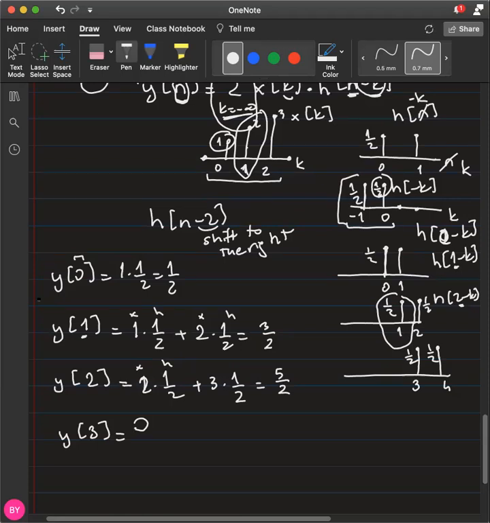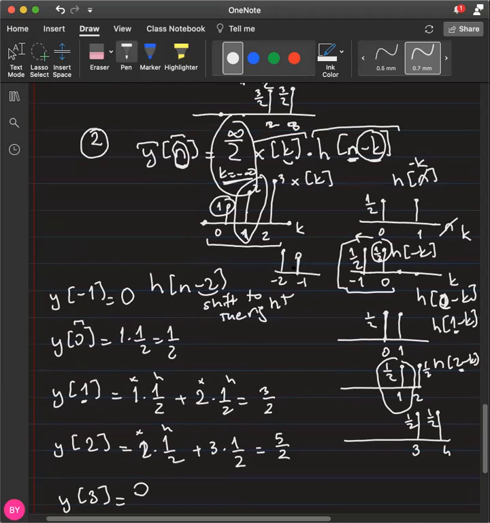Okay? How about y of minus 1, arkadaşlar? How do I find it? If I want to find out y of minus 1, then I should move this 1 to the left, and finally I should have minus 1 and minus 2 at this point. And there is no overlap again between this and this h of minus 1 minus k. Okay? So that's why it's also 0.